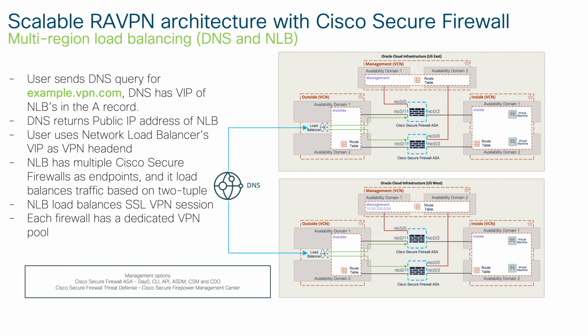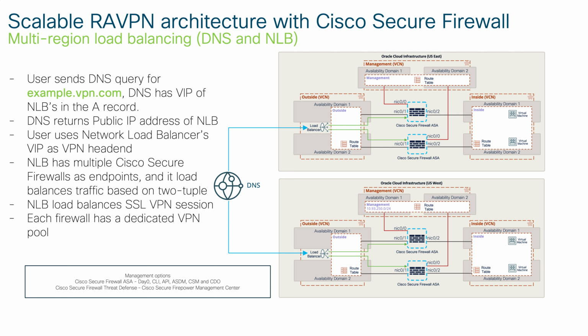There is another example where I can have a combination of DNS load balancing and a load balancer as well. In this example, I have two regions, US East and US West. What I'm doing in this architecture is I have a DNS, and that DNS will point to my network load balancer in each region.